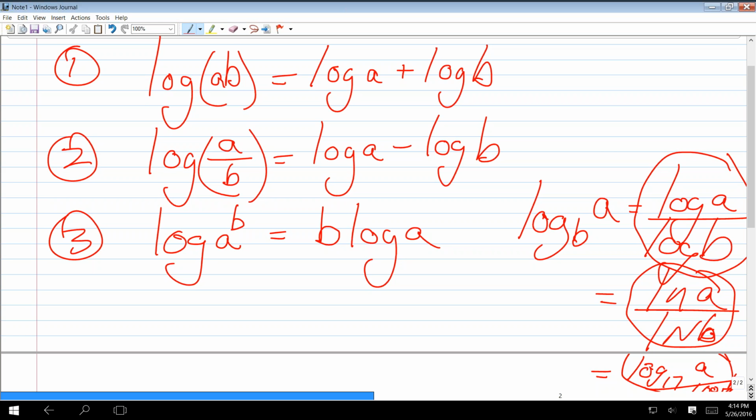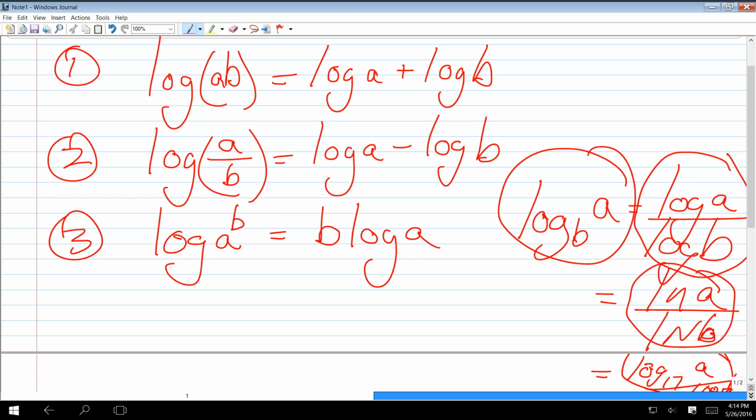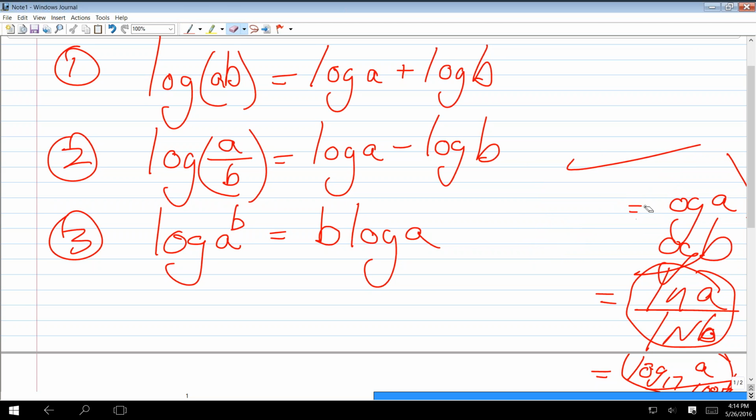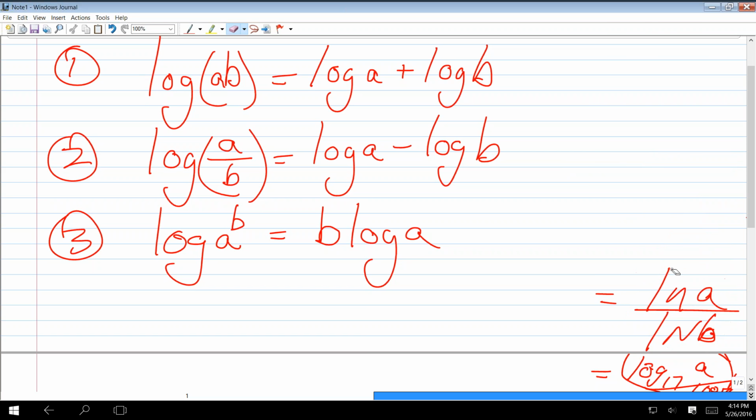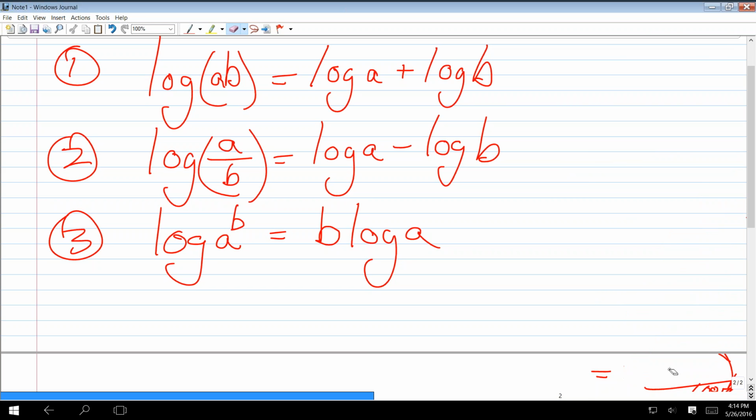It's not really that often that you have to use the change of base formula. If you learn to work with natural log all the time, then you will almost never have to use it. Unless they specifically give you a problem that says, what is the log base 7 of 8, then you would have to use it.